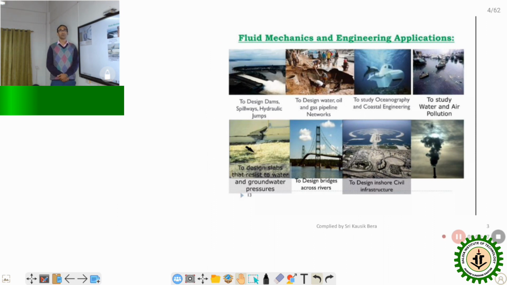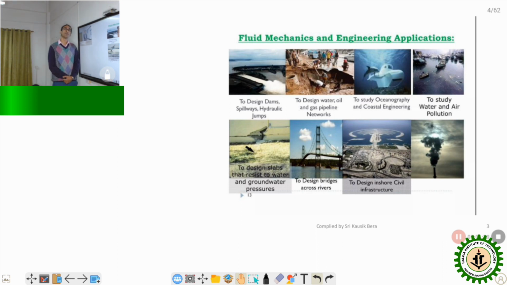At first we should know the applications of fluid mechanics, in different fields of civil engineering and mechanical engineering. We can use it to design dams, spillways, hydraulic jumps, water, oil and gas pipeline networks, to study oceanography and coastal engineering, to study water and air pollution, to design slabs that resist water and groundwater pressure, to design bridges across rivers, and to design inshore civil engineering infrastructure.